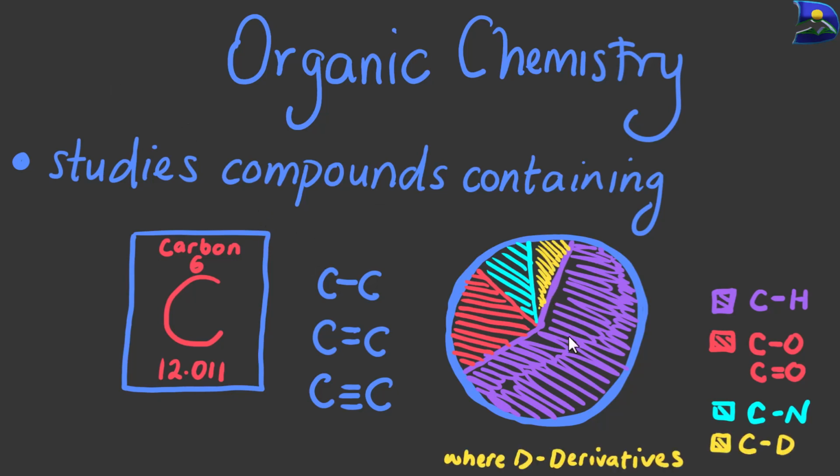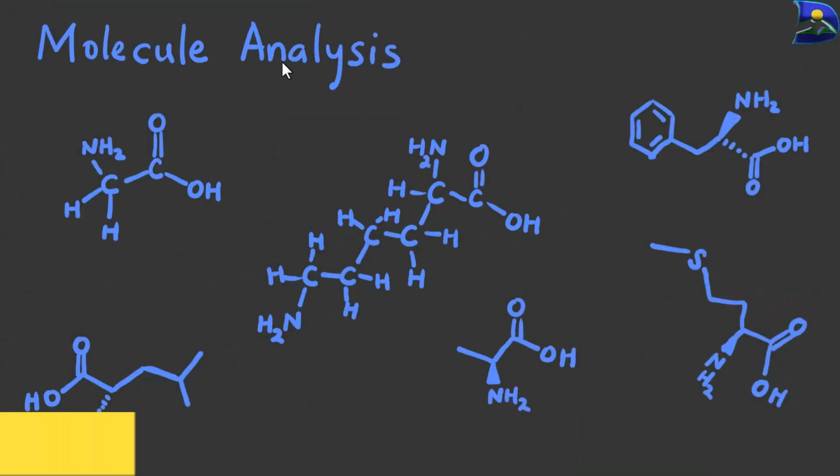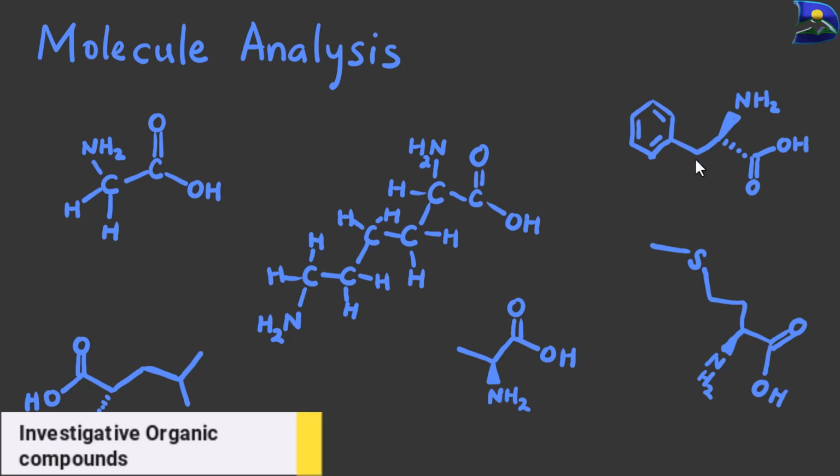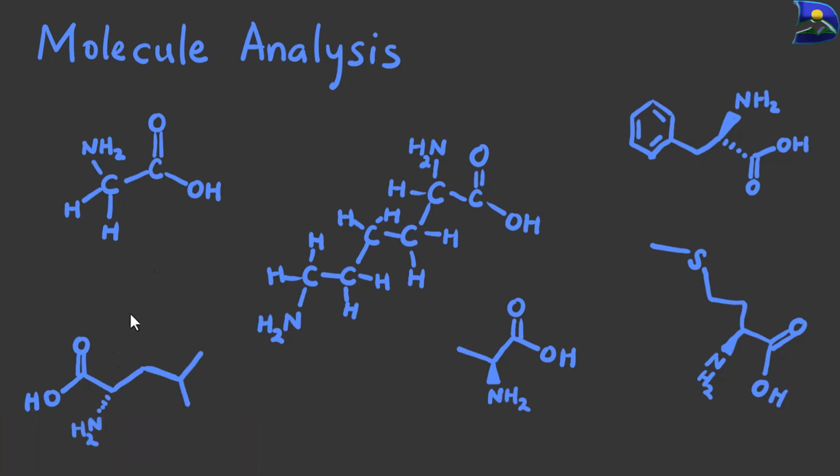Now we have a brief understanding of what organic chemistry is all about, given the molecular structures for these compounds. By analysis, we notice that they have a unique design that is common in all of them.